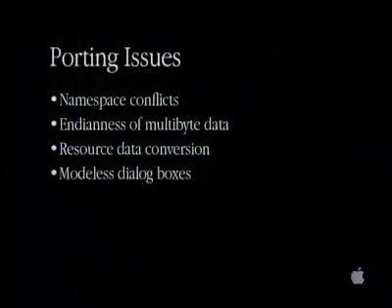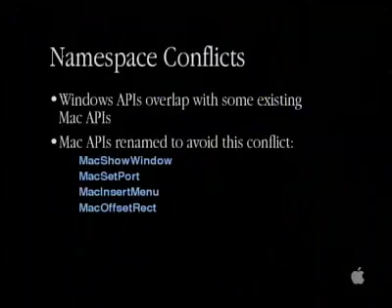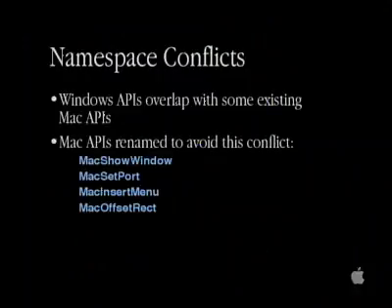Now I want to talk about a few porting issues that you'll run into, because of course nothing is ever as easy as we say it is. There are four in particular. Let's talk about namespace conflicts. It turns out that Macintosh had some functions, for instance, ShowWindow, that you use to show a window. When the people in Redmond did their APIs, they thought, what do we call it when we want to show a window?